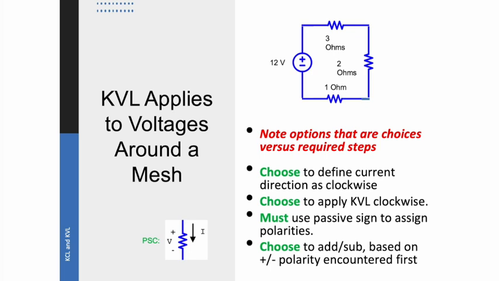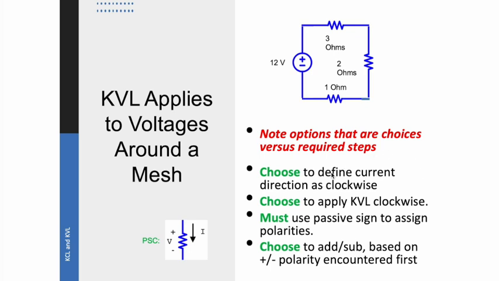So what you see here, first of all, is this little graphic which indicates passive sign convention as a reminder. Here are some steps that we'll follow in order to do Kirchhoff's voltage law. Notice that some of these options are choices versus others are required.